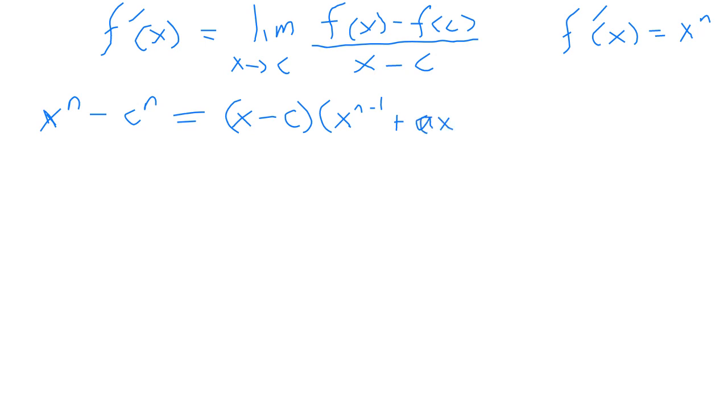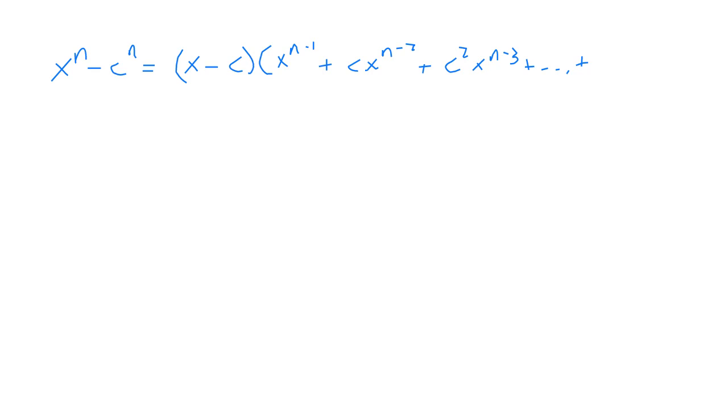Where do we get the c from? Sorry, mistake. x to the n minus c to the n is equal to x minus c times x to the n minus 1 plus c times x to the n minus 2 plus c squared x to the n minus 3 plus and so on, with two more terms at the end: c to the n minus 2 times x plus c to the n minus 1.